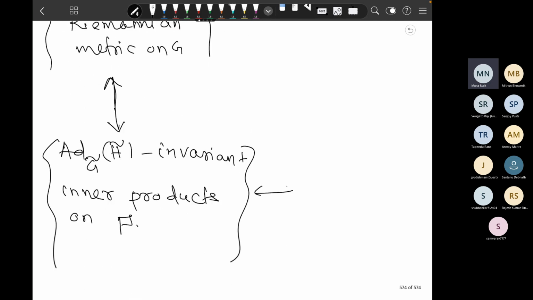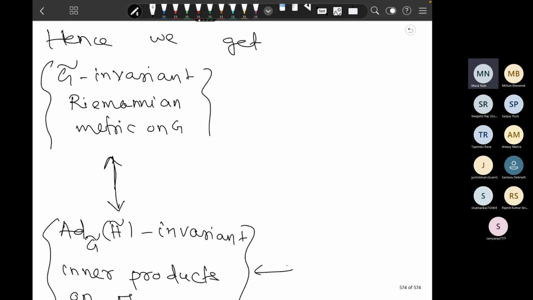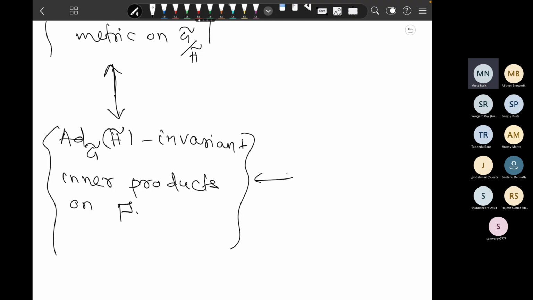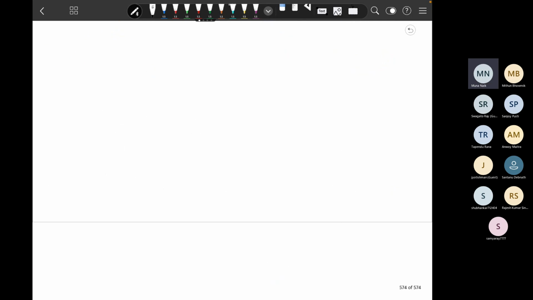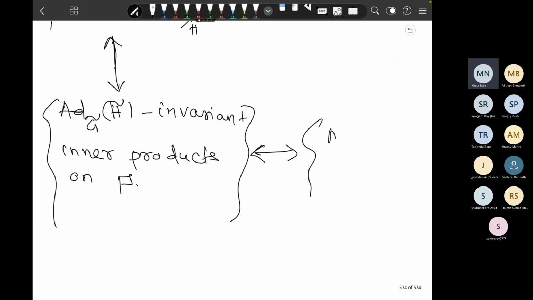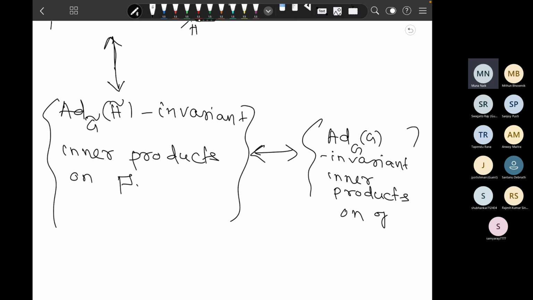So this is actually a G tilde invariant Riemannian matrix on G tilde mod S tilde. Okay, so this is really equivalent to the fact that an RG tilde S tilde invariant inner product on P, and this action is equivalent to RGG action on G. So this is one-to-one corresponds to RGG invariant inner product on G, right?